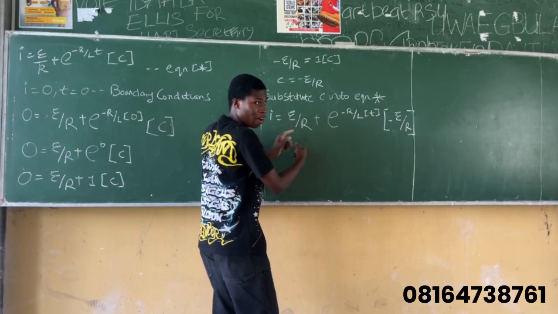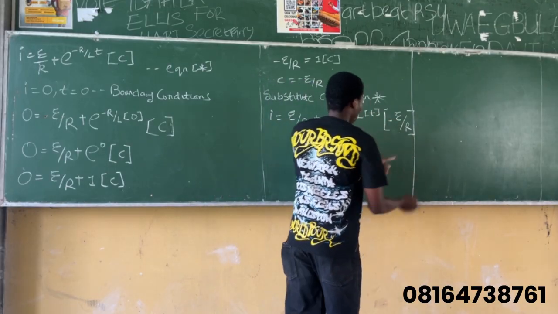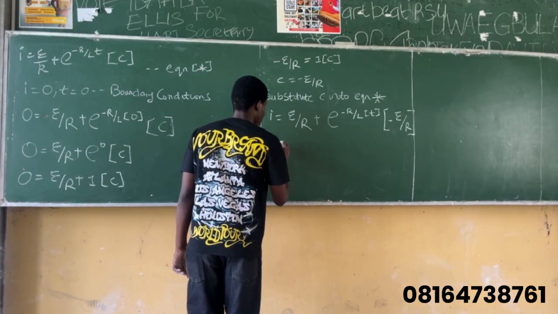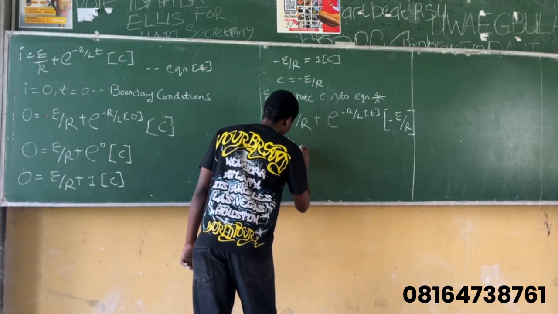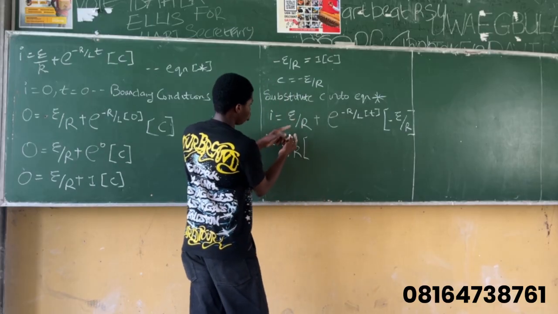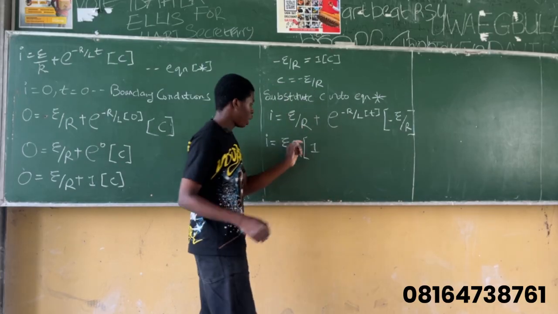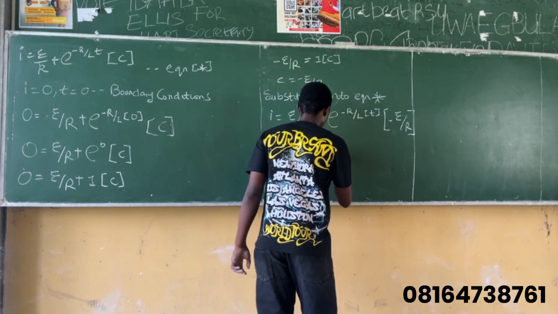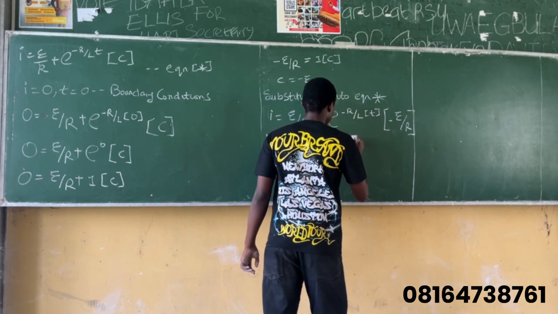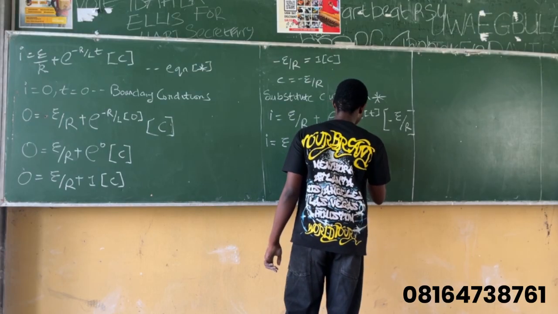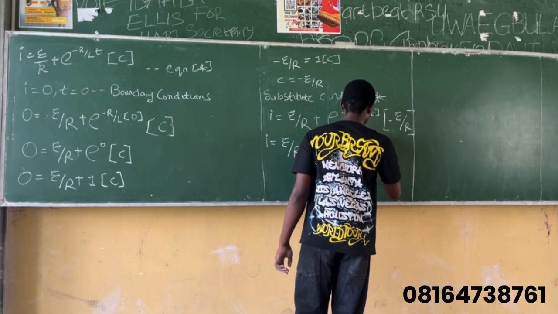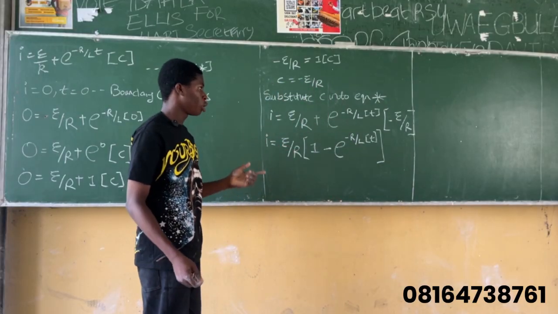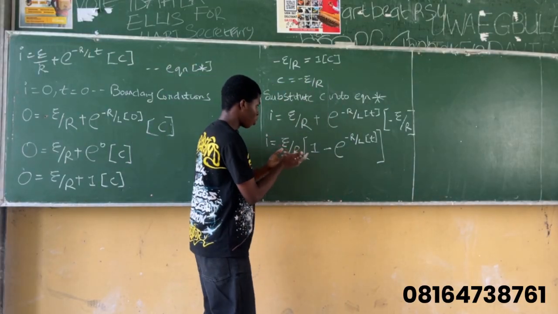You can see E over R is common here and here. So I is equal to E over R; taking this out, we have 1, and from the other term there is a minus, so minus e raised to power minus R over L times t. Now this is the complete modeled equation, whereby we have also found the constant C.